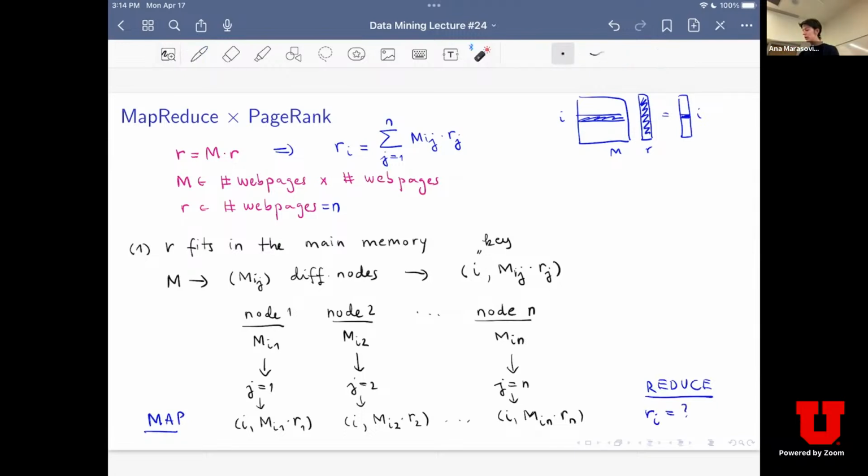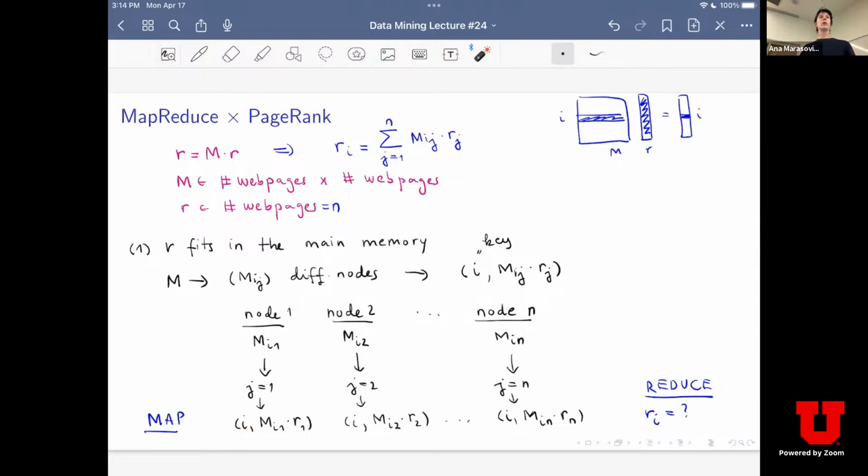So if I want to calculate the value of Ri, what should I do with these values? Sum them, right? So Ri is given as a sum of these factors over here, which are exactly factors over here. So you just need to sum these values that you can find by the key, right?